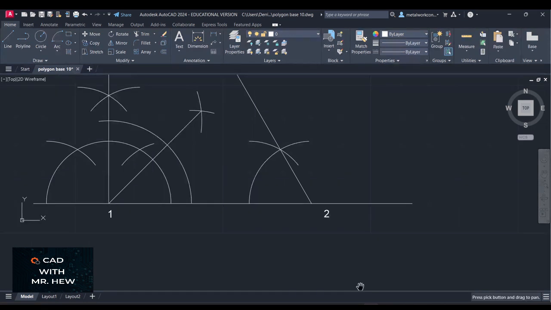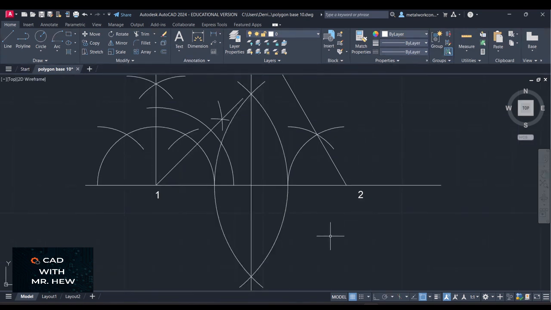All right, the next step that we're going to do, we're going to bisect the line labeled 1, 2. We're going to bisect it using the traditional compass. If you're on AutoCAD, you would use the arc command from 1 and 2, and you'll see in a little while where those centers would be.